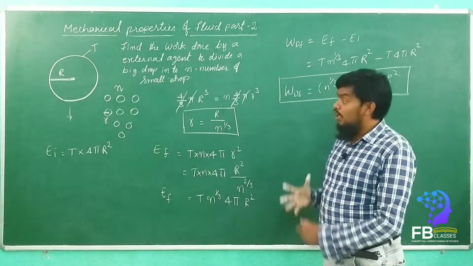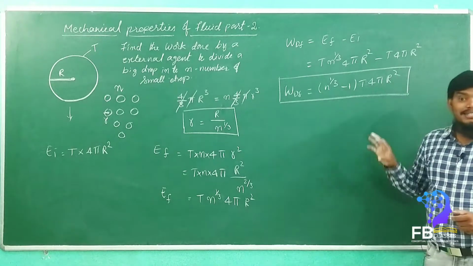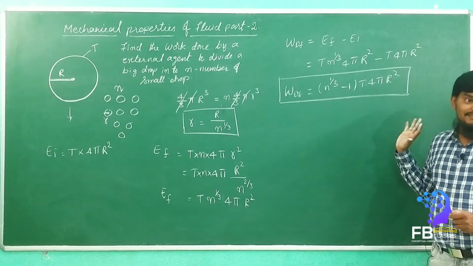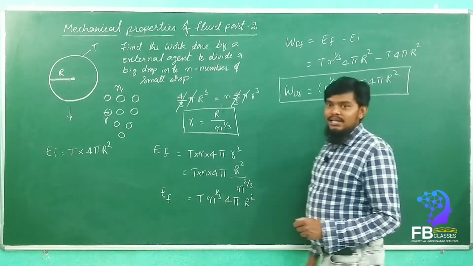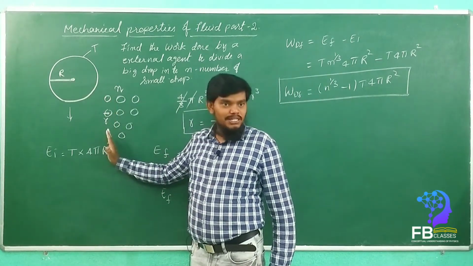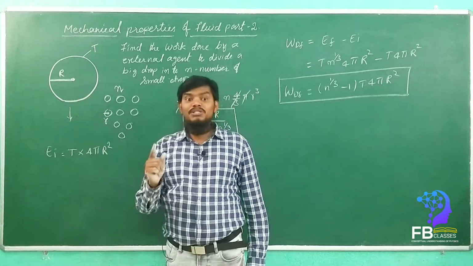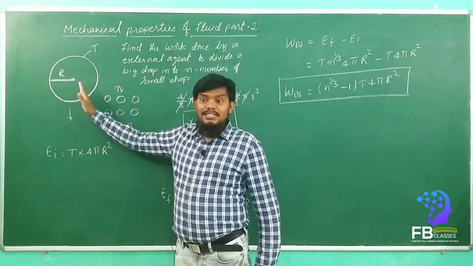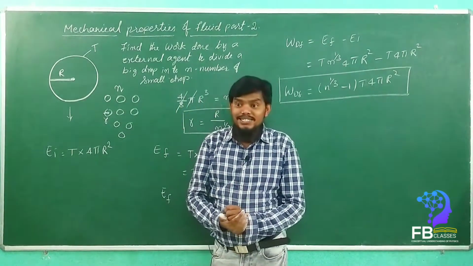But to solve all these problems, we need conceptual understanding. We took a big drop and made it into n number of small drops. So what is constant here? Volume is constant.